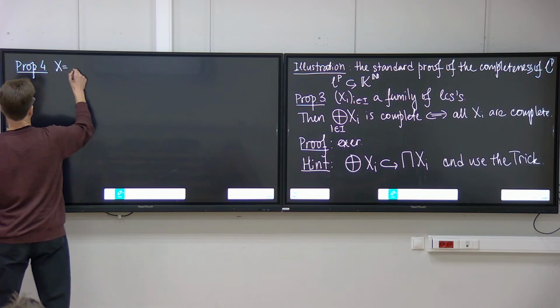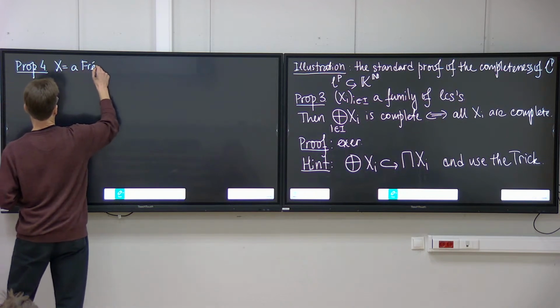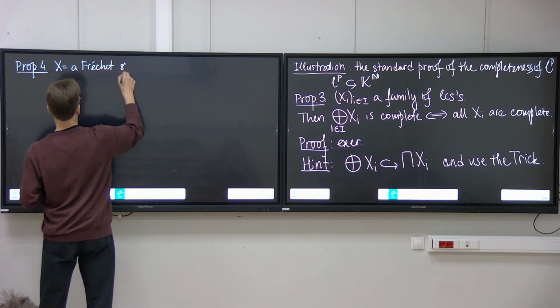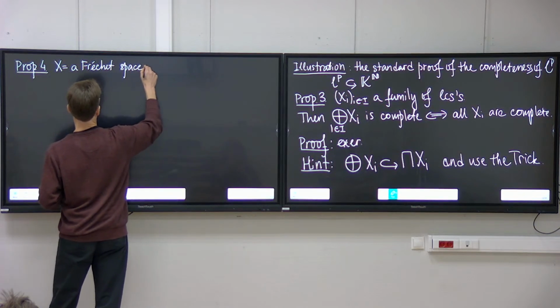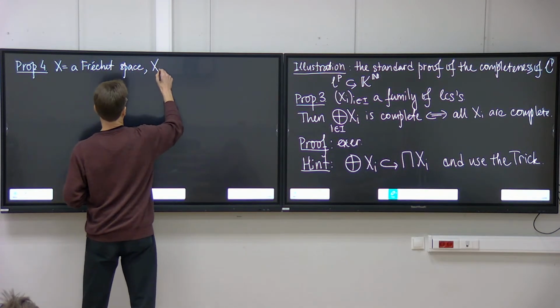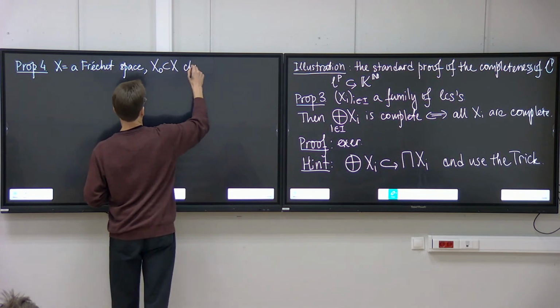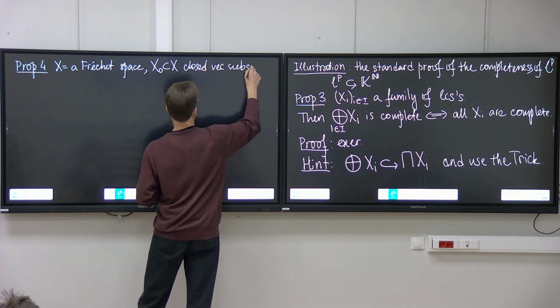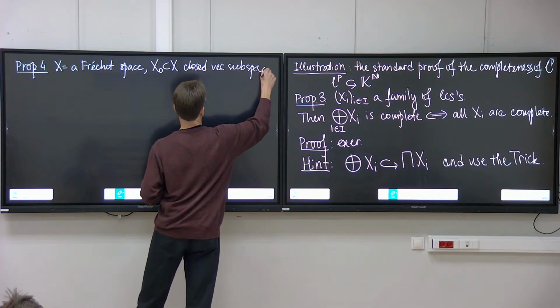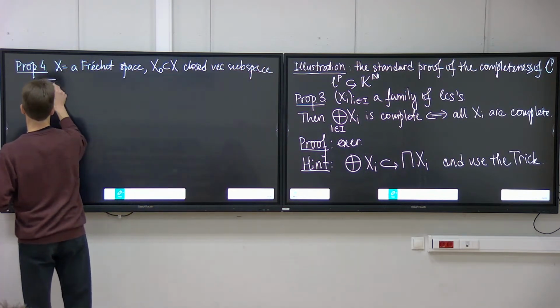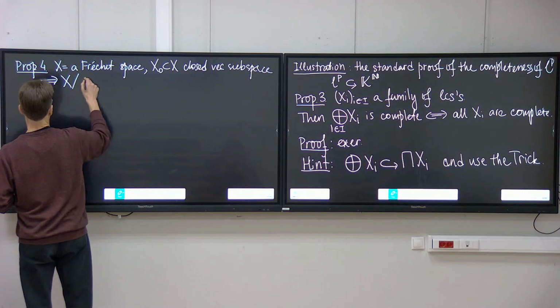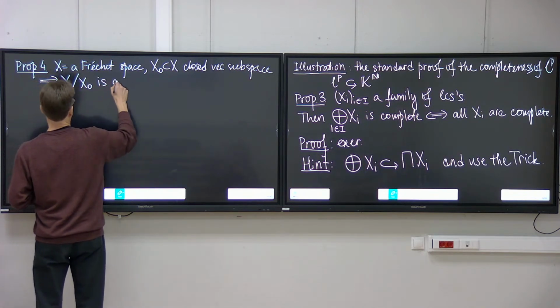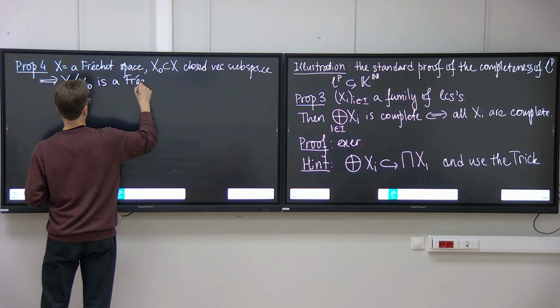If X is a Fréchet space, that is a complete metrizable locally convex space, and X0 is a closed vector subspace, then the quotient of X modulo X0 is a Fréchet space.